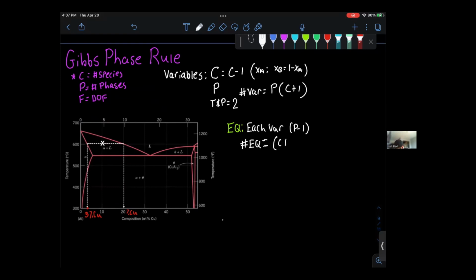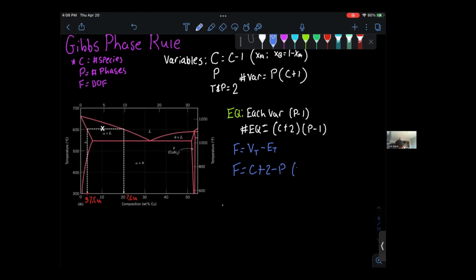Well, we have C plus 2 variables multiplied by P minus 1. To get our degrees of freedom, we're going to take our number of variables minus our number of equations, which is going to give us C composition plus 1 minus P number of phases. Sorry, not C plus 1, C plus 2.